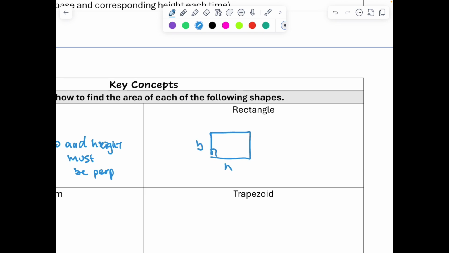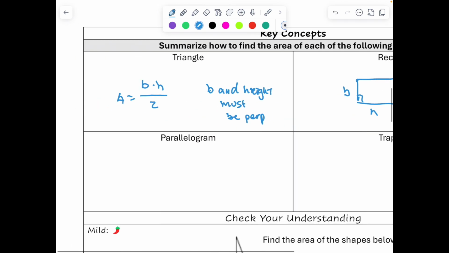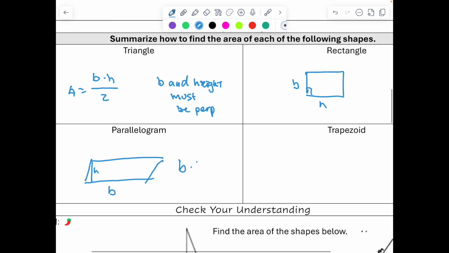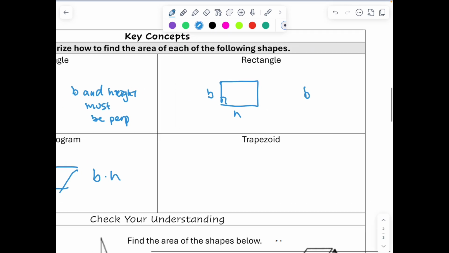And again, those usually make a 90-degree angle. A parallelogram, that's the base and the height. Base times height, base times height. And then for the trapezoid, it's the height times base 1 plus base 2, all divided by 2.